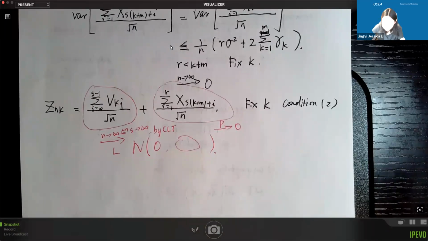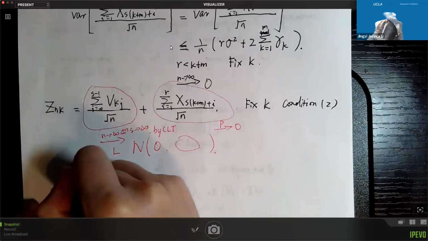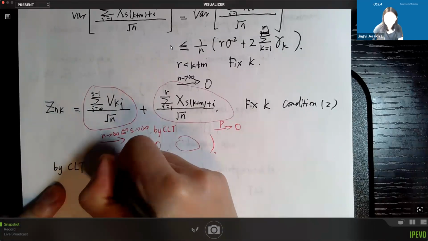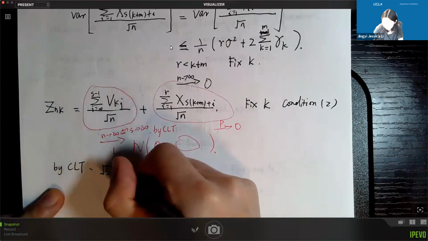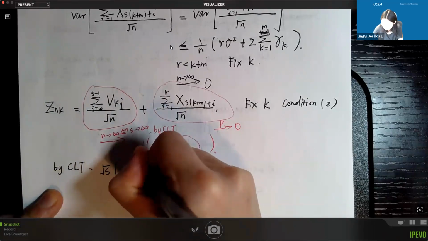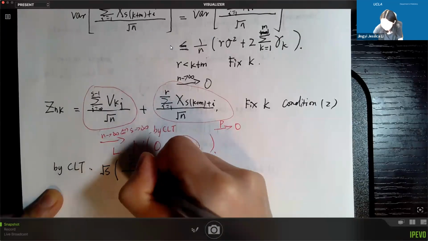Okay, so by the central limit theorem, essentially, the central limit theorem is about the summation of s segments with s going to infinity. So the statement should look like this. Root s times the summation j from 0 to s minus 1 of vkj divided by s, right?